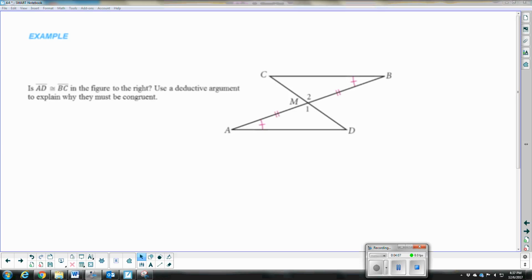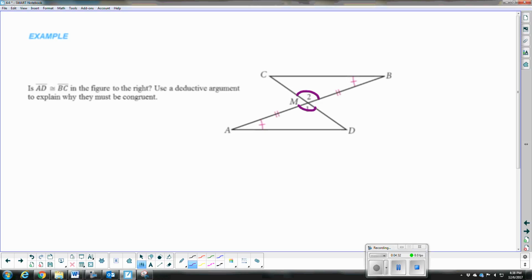Even though it's not marked, we know these two angles are congruent because angle 1 and angle 2 are vertical angles, and all vertical angles are congruent. That means those two angles are congruent.